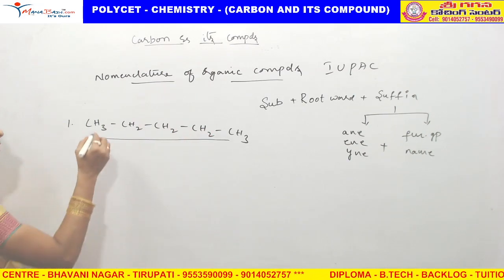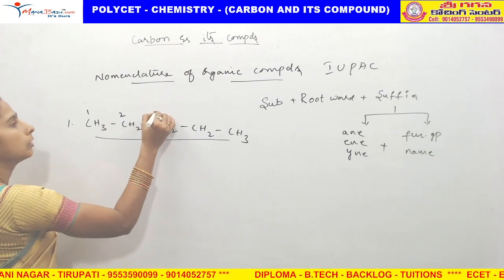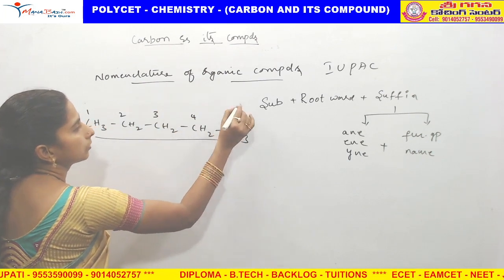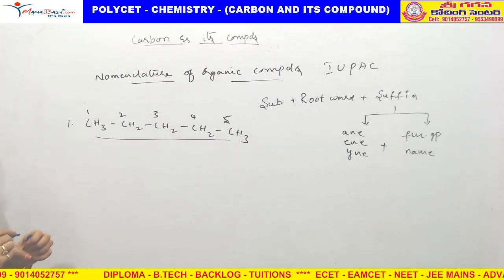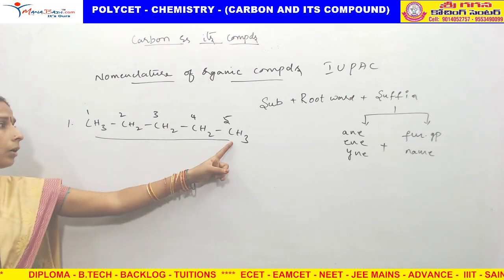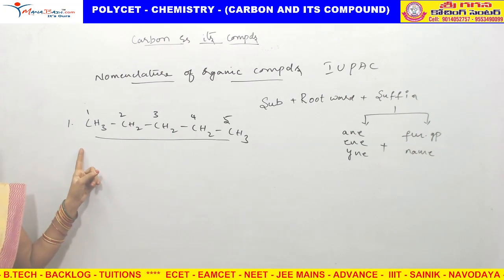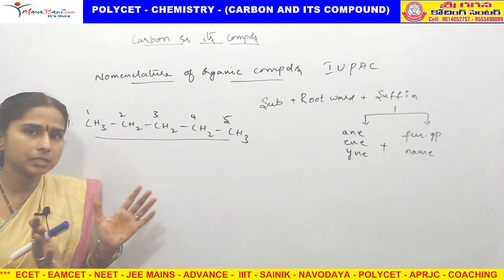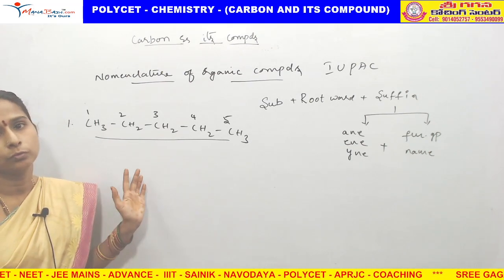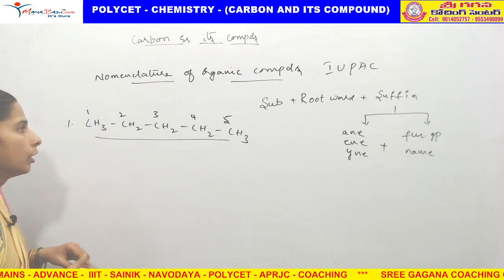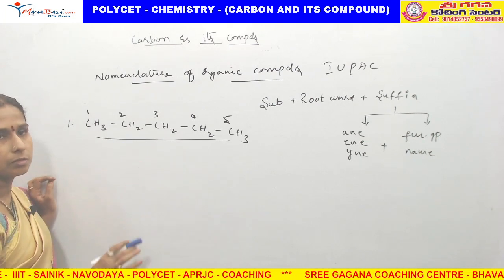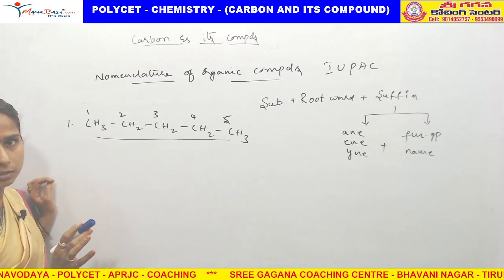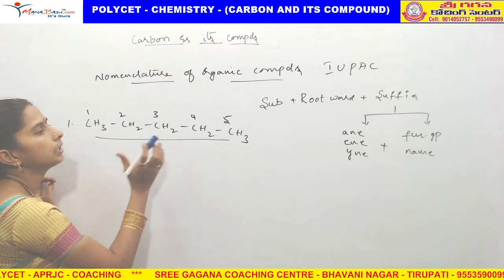Five carbons are there. You need to check, apart from the parent chain, is there any extra group? No. So there are no substituents and no functional groups. Now you can directly write the name.